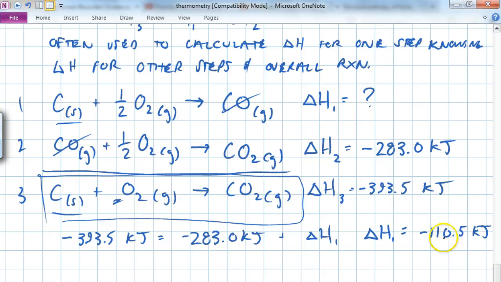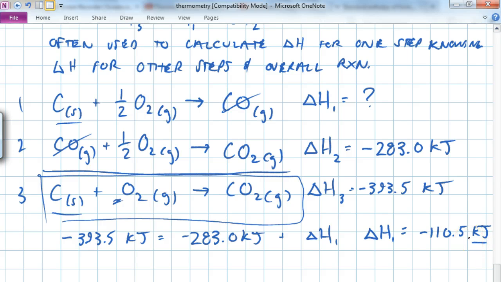Now, just to make sure you get this, why don't I say kilojoules per mole here? Well, because you might say, all right, that might work for equation 1 if I mean per mole of carbon, but it's not per mole of oxygen. So you've got to be careful. It's actually for 1/2 a mole of oxygen, 1 mole of carbon producing 1 mole of carbon monoxide. So I'm not using kilojoules per mole in this case. So that's an example of using Hess's law.